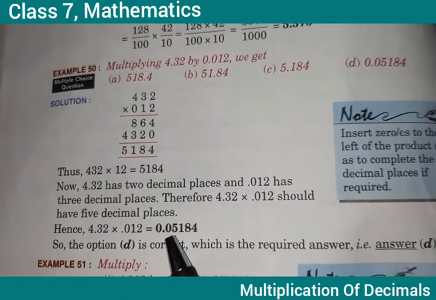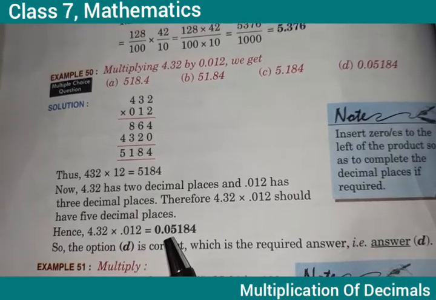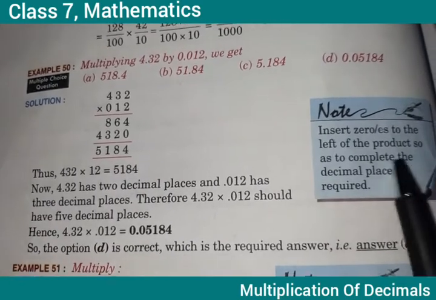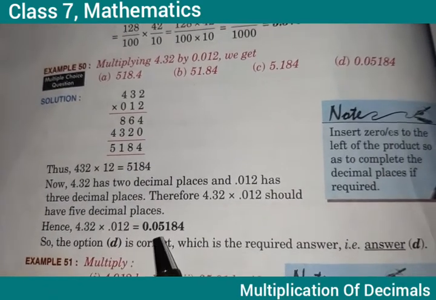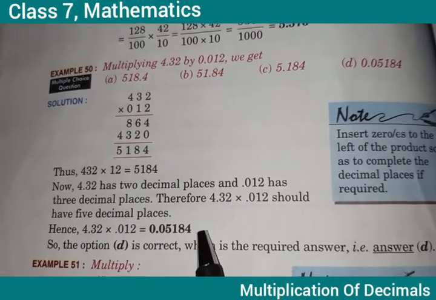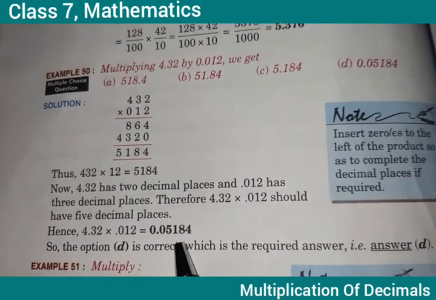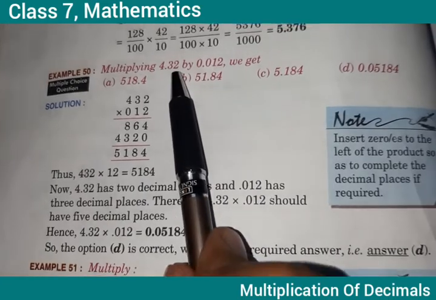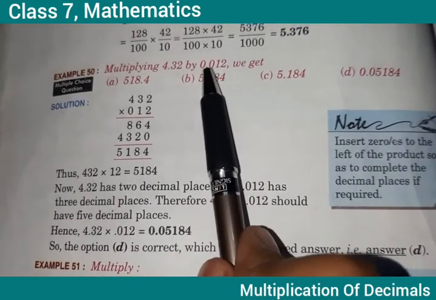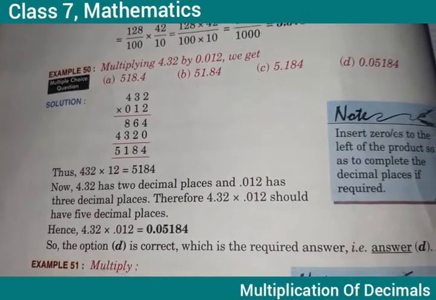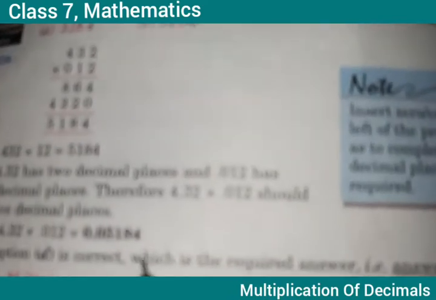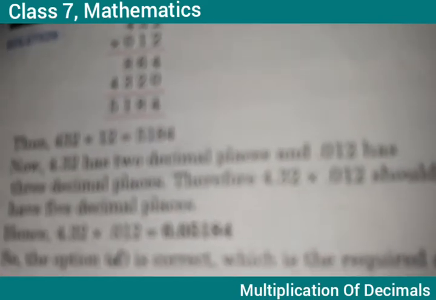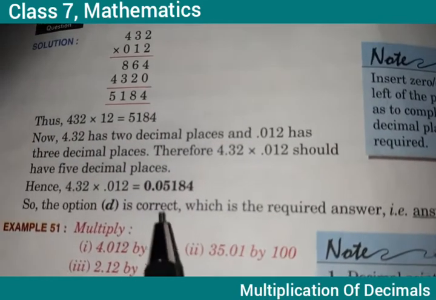So obviously we will insert 0 on the left hand side. This is what it is saying: insert zeros to the left of the product so as to complete the decimal places if required. Here we required 5 decimal places, so we inserted 0 towards the left hand side.